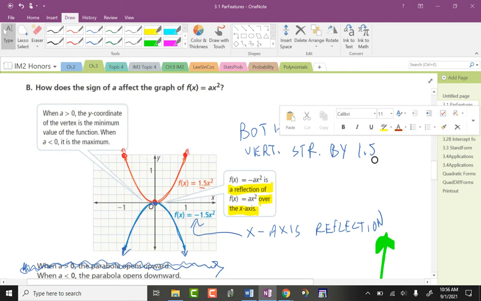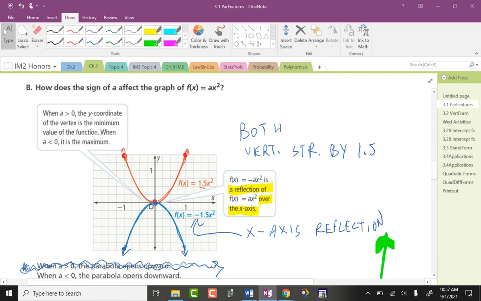What happens with the blue graph? Very simple to analyze this input-output. First of all, they did sneak in this little example from the book, a 1.5x squared. So I did want to note to self, both of these are said to be vertically stretched by 1.5. But the blue one, very simple. I plug in 1 for x. 1 squared is 1, but then I multiply by negative 1.5.